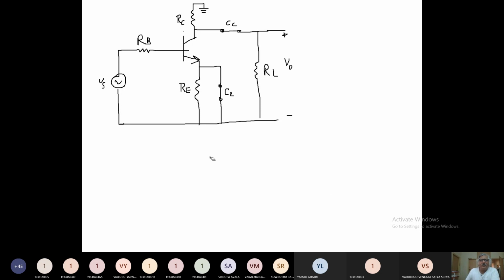Now you see here one thing. Yeah, emitter is, this is ground here. Now you see here one thing. CE capacitor, which is connected across RE. This is short circuit.